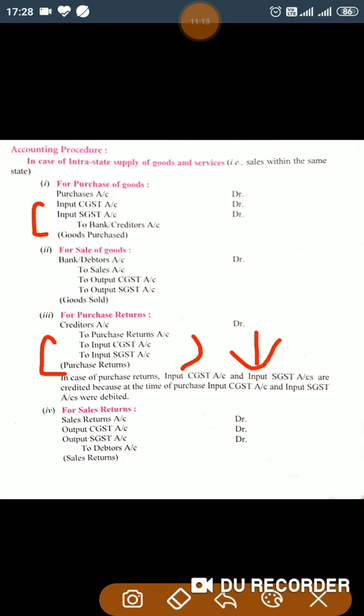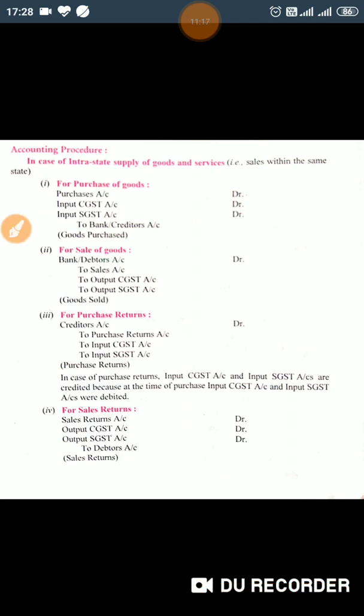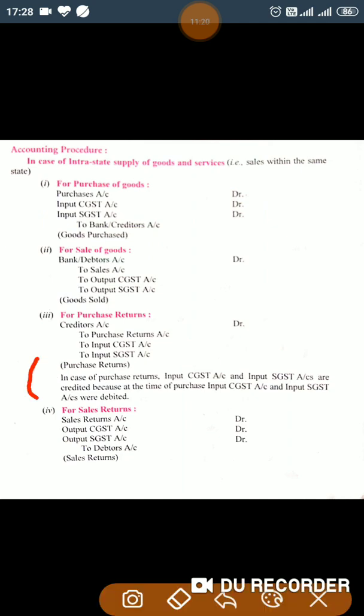So that's why it is credited. Right? They have given you an explanation here. In case of purchase return, input CGST account and input SGST account are credited because at the time of purchase, input CGST account and input SGST account were debited. I have clarified it better: earlier it was an asset, now at the time of purchase return it is decreasing, that's why it is credited.